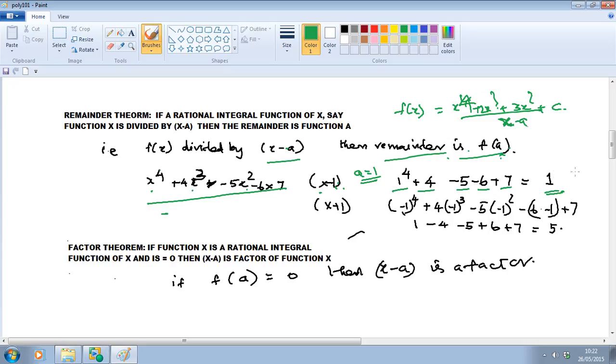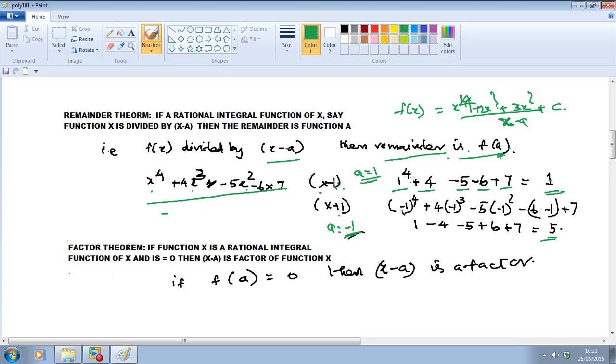The remainder is f of a. f of a is x replaced by the value a. So you are finding out the remainder. So if this is x plus 1, what do you do? Here, a is equal to minus 1. Now you replace x with minus 1, and the remainder is 5.